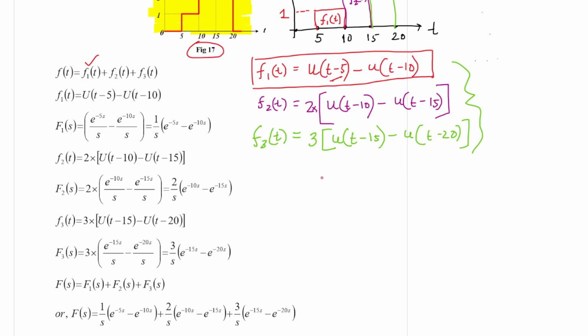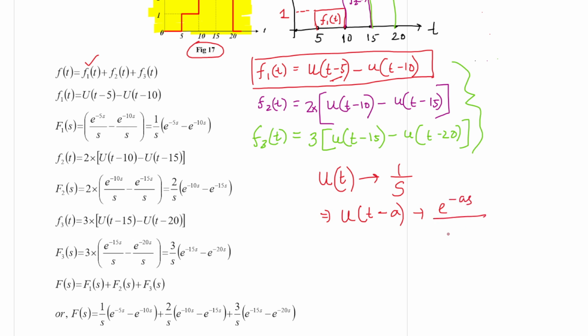Please let me remind you, if it is u(t), it will be straightforward 1 by s. However, if it is u(t minus some amount), it is delayed or shifted in the time domain, that means it is multiplied in the frequency domain.